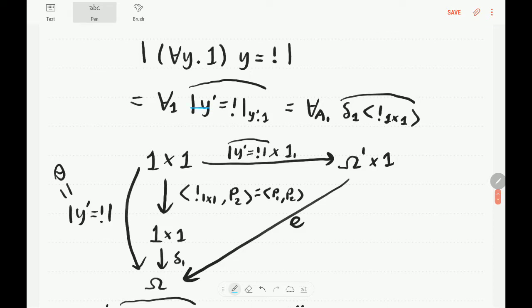Well, if we interpret this stuff now with this bound variable 1 dash, it's going to be delta 1 after exclamation mark 1 comma 1.